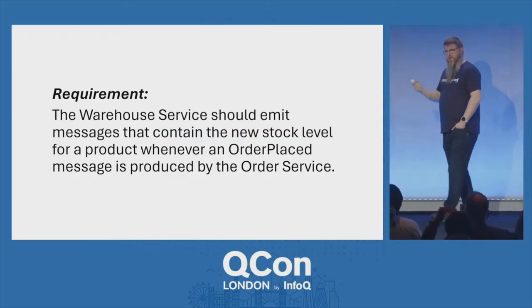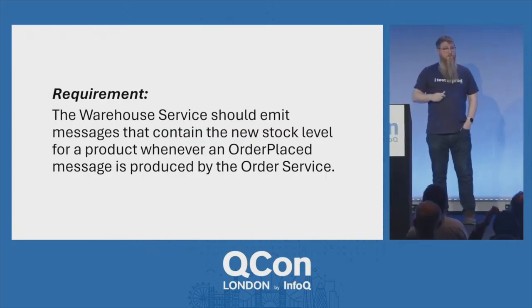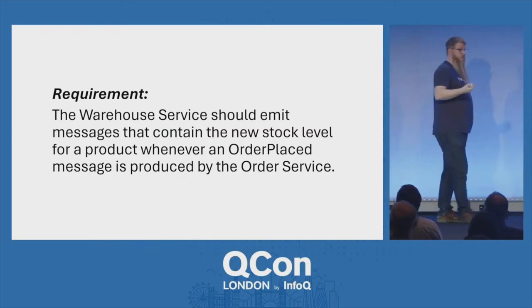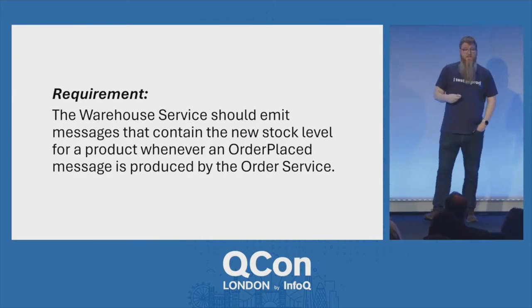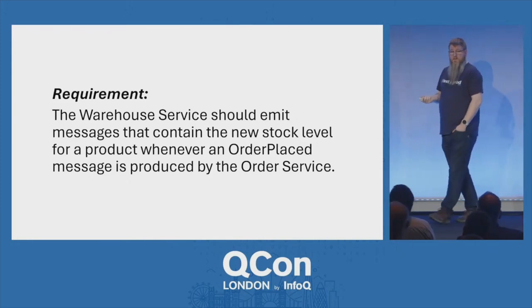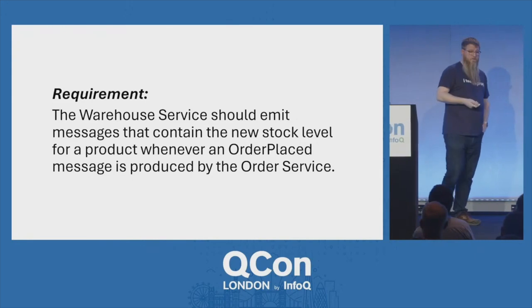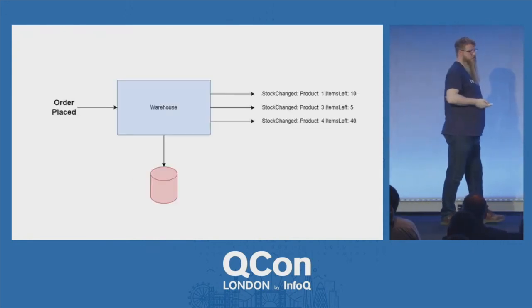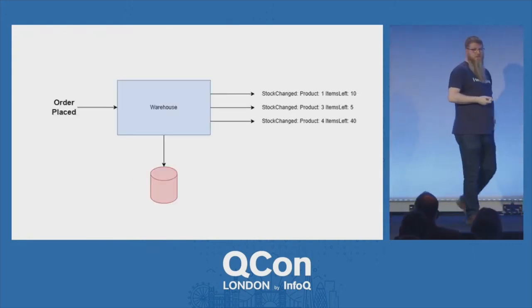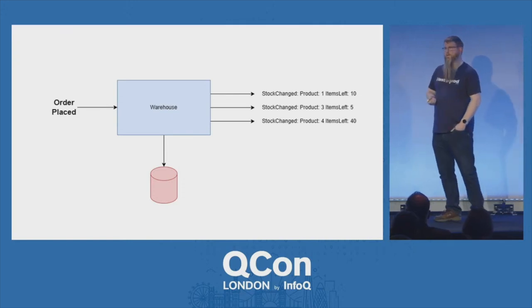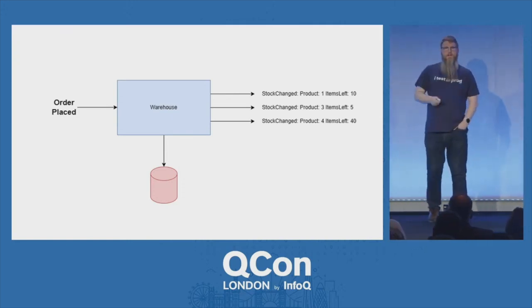But then there's another system that we're going to receive from, because the warehouse service should emit messages that contain the new stock level for a product whenever an order is placed. So again, we've got some contracts. Now, these are 2 independent services.